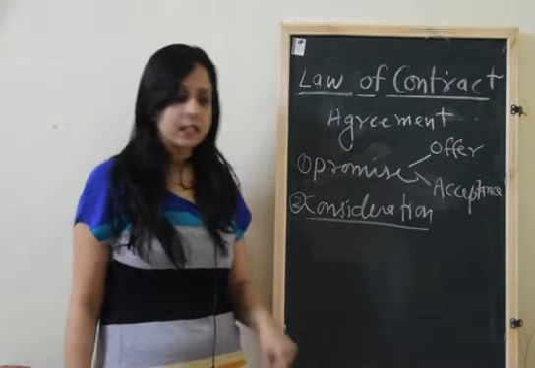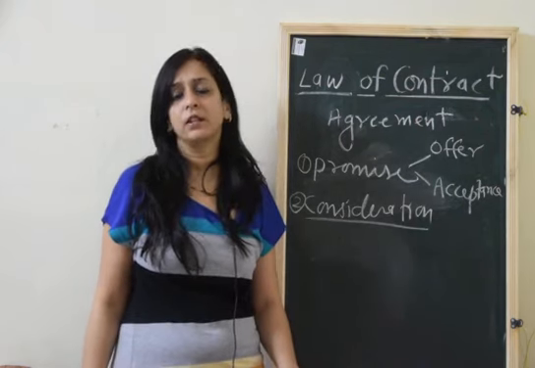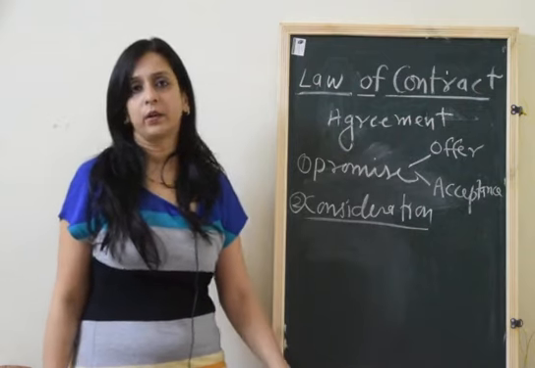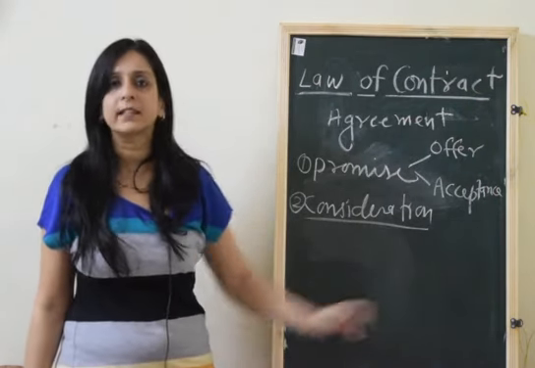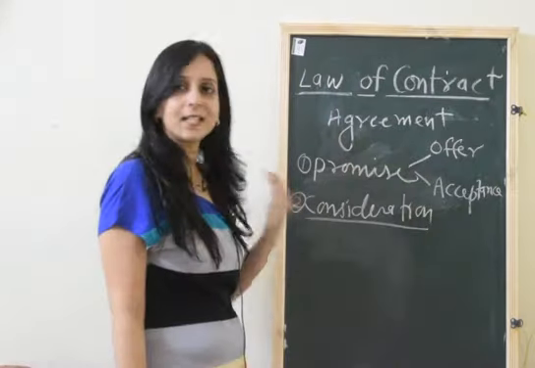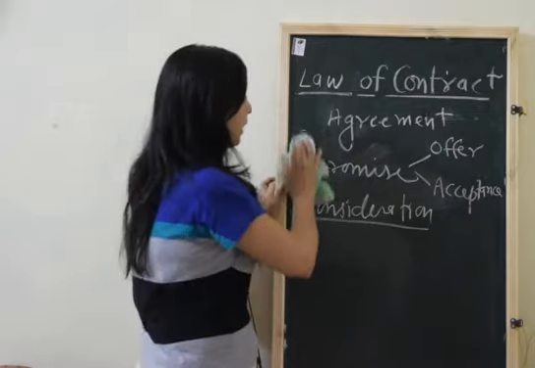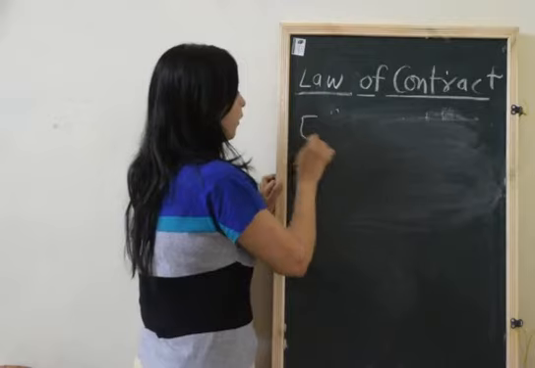But such a contract is not enforceable by law. That's why I cannot say that it is a contract, because it is illegal, it is against the provisions of law, it is against the IPC. It is just an example I discussed with you. So firstly, the agreement. Second thing, enforceability by law.